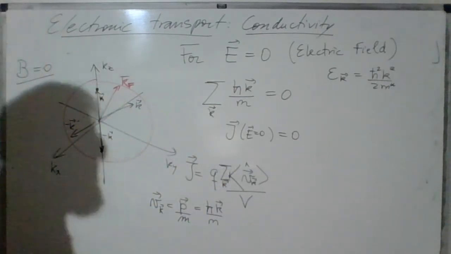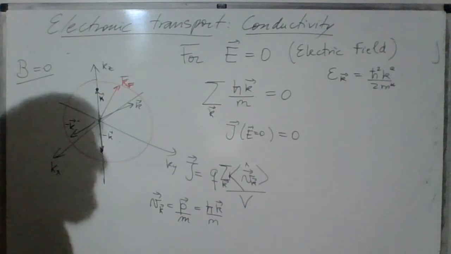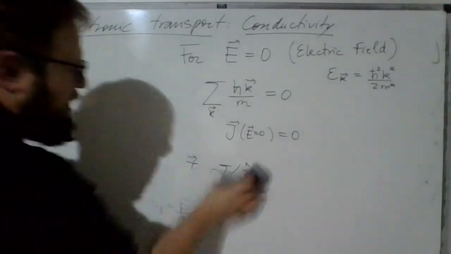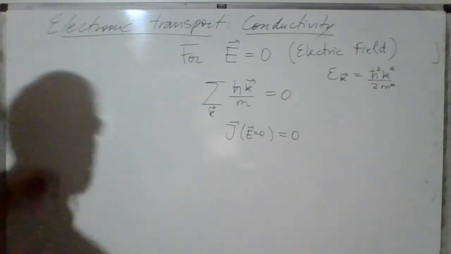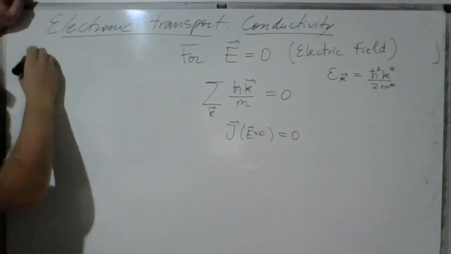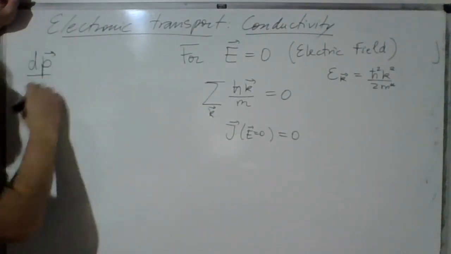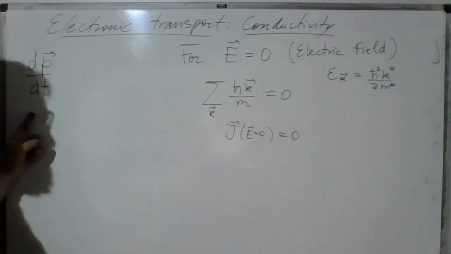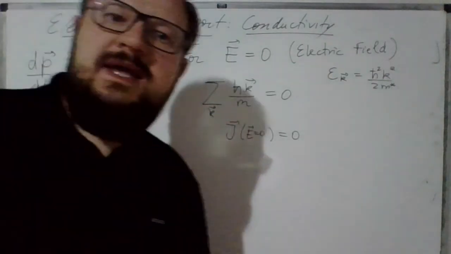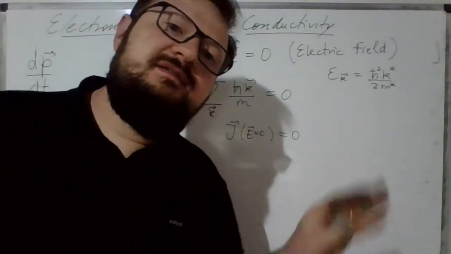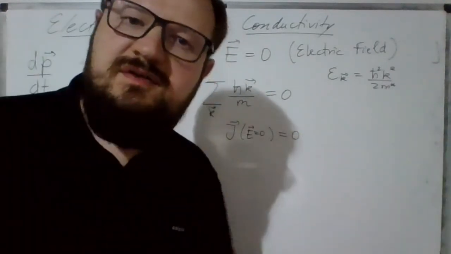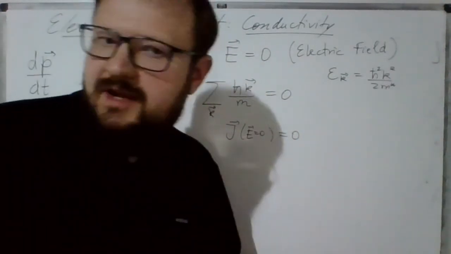But if we apply an electric field to our problem, what do we have? The derivative of momentum with respect to time. This is Newton's second law. For quantum mechanics, it is valid in the correspondence limit when you take averages of things. We are calculating averages here.